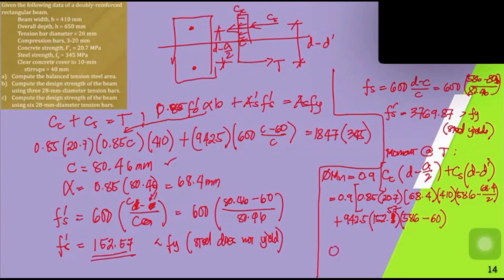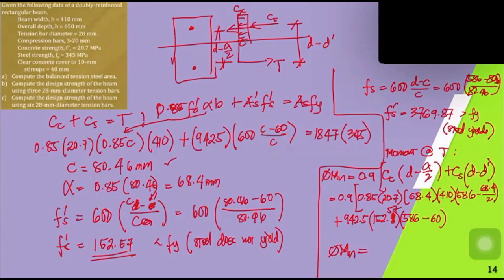So what is phi Mn? 0.9 quantity 0.85, 20.7, 68.4, 410 quantity, the moment arm for 586 less 68.4 over 2.